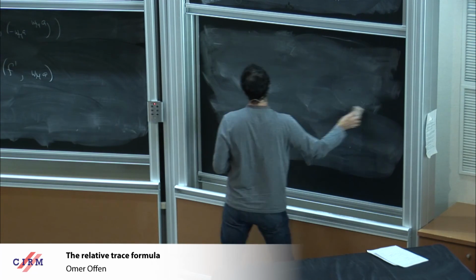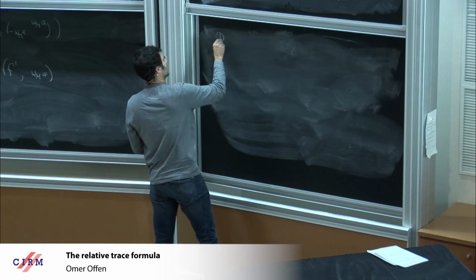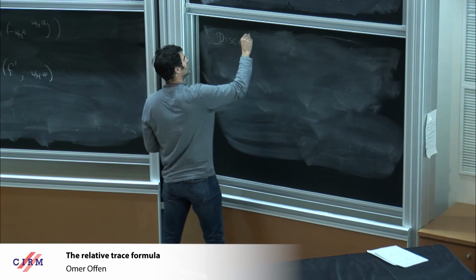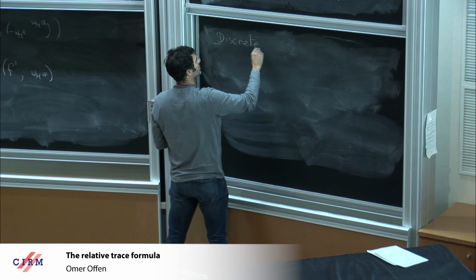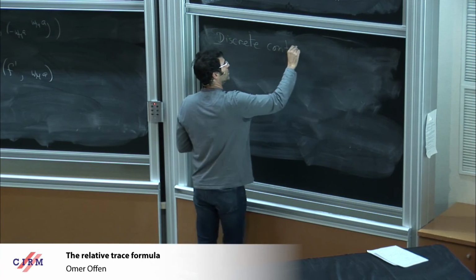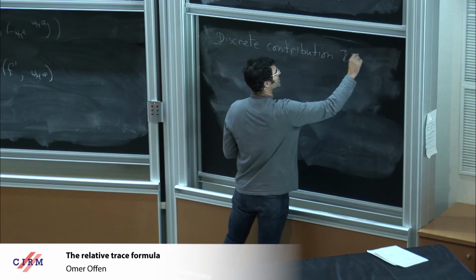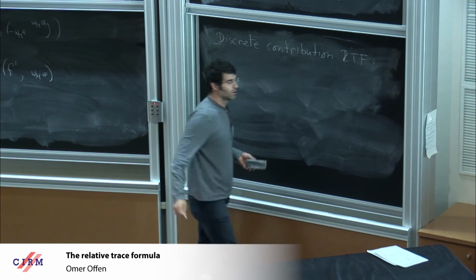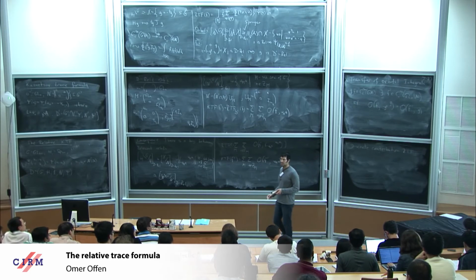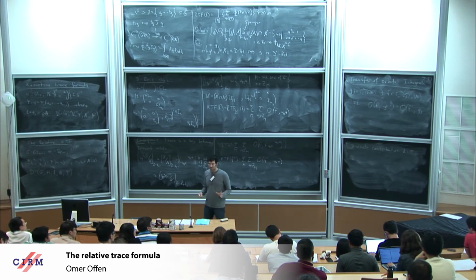So what will be the discrete contribution to this relative trace formula? Well, obviously we're not going to get any cusp forms, right? For two reasons.